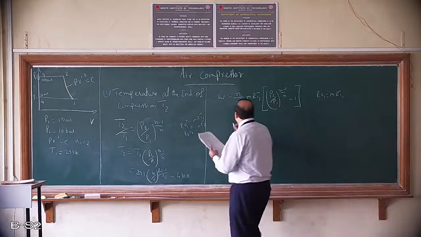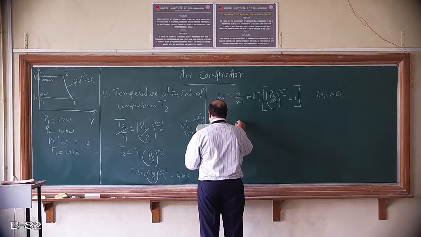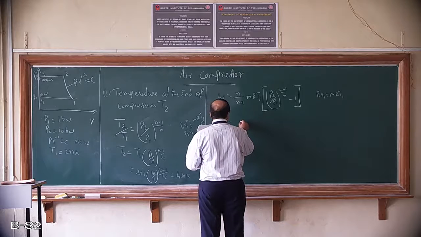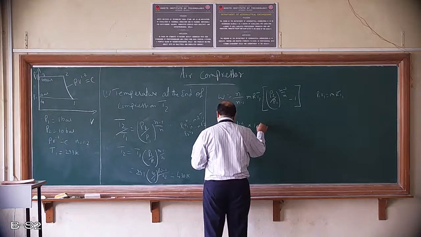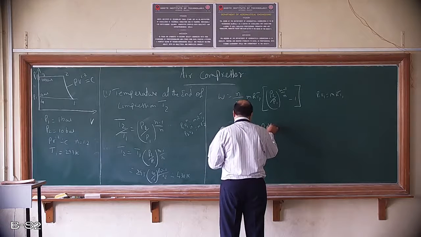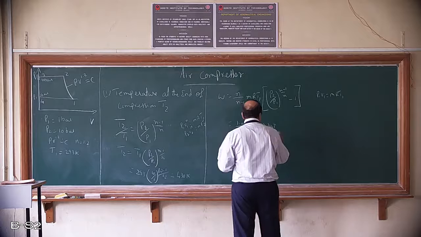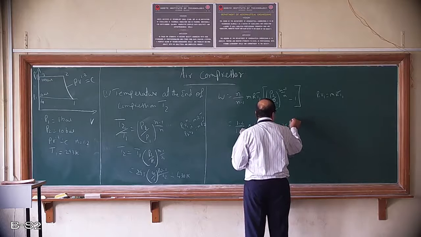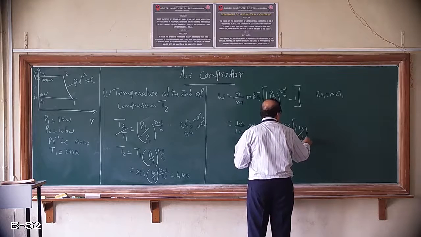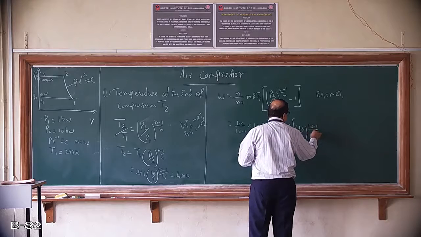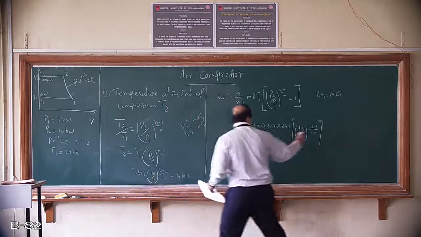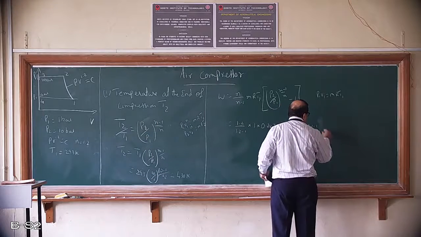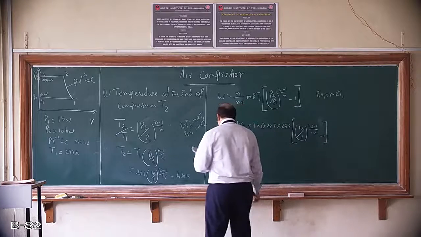So for 1 kg, this will be 1.2 by 1.2 minus 1 into 1 into 0.287 into 293, the temperature, into 10 by 1 to the power of 1.2 minus 1 by 1.2, minus 1.